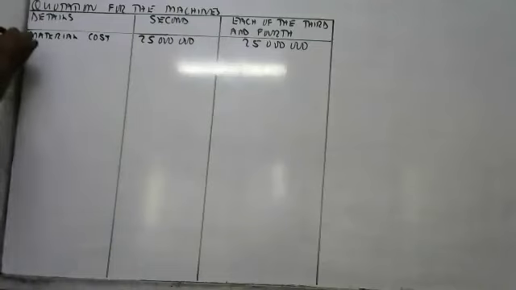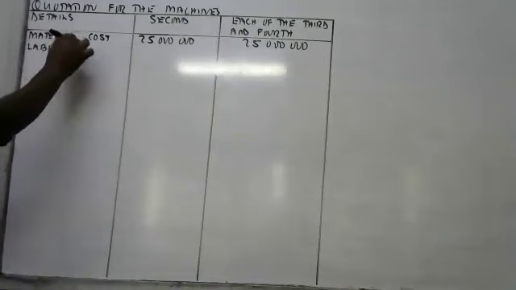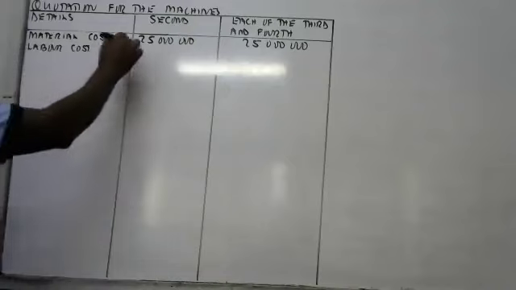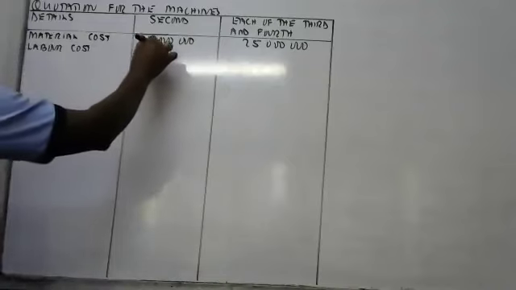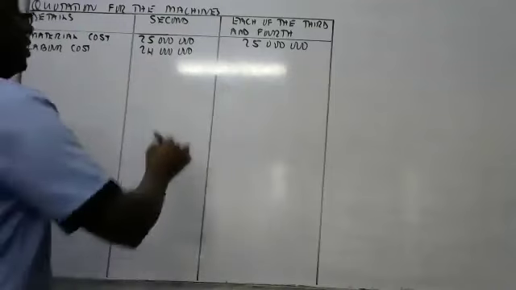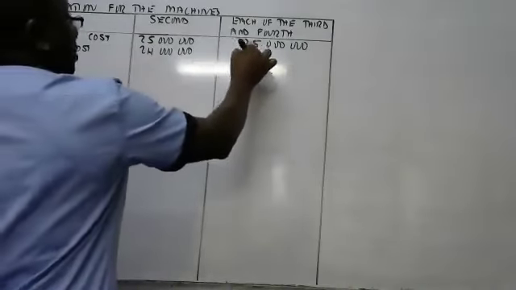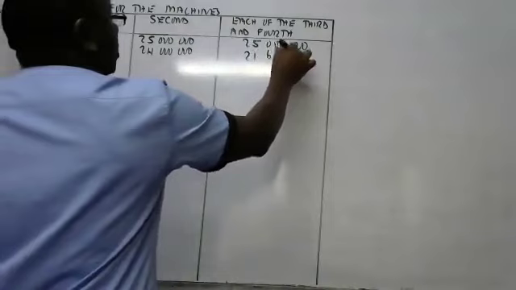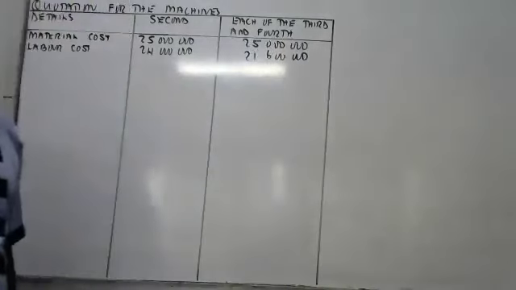Then we go to labor costs. For the second machine, we already know it is 24 million. For each of the third and fourth, we get 21,600,000.